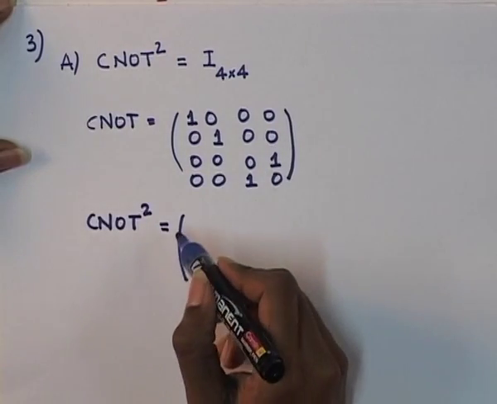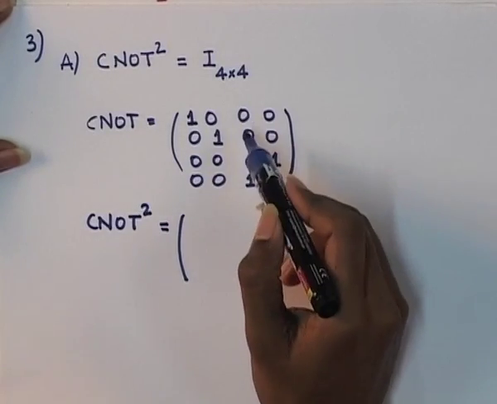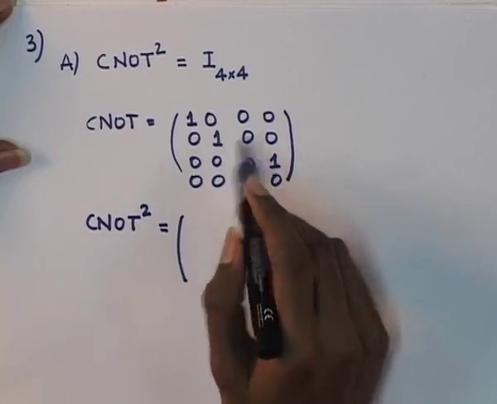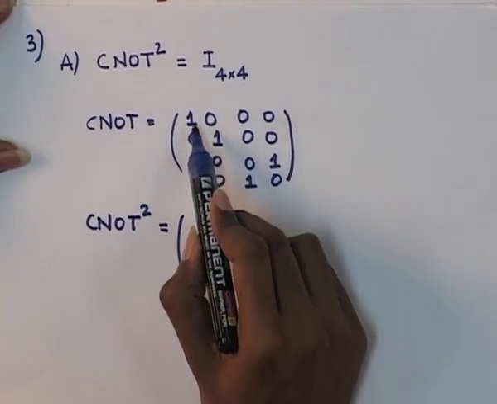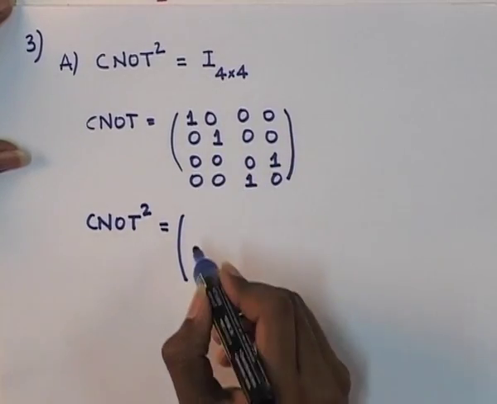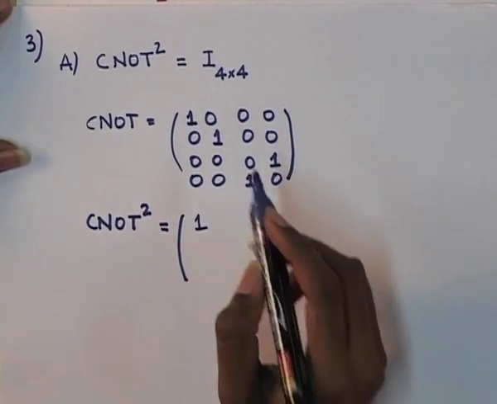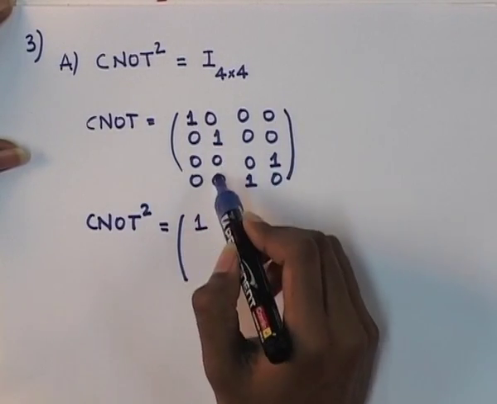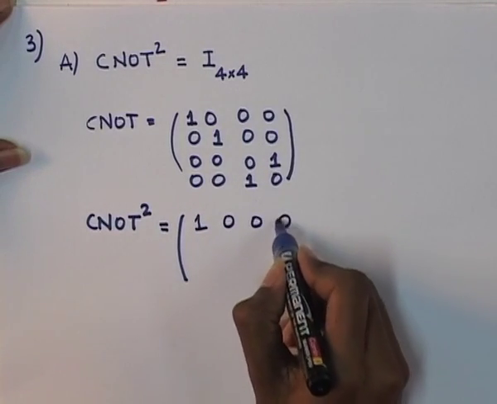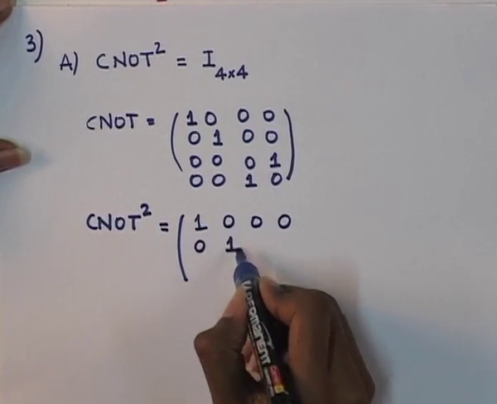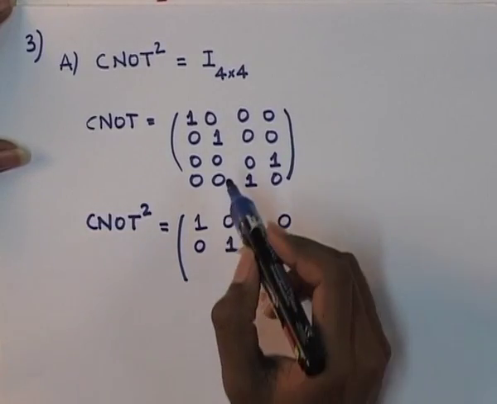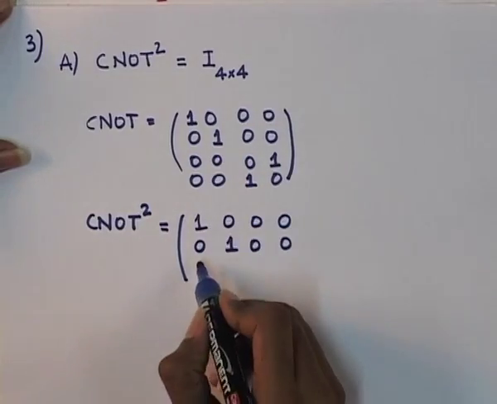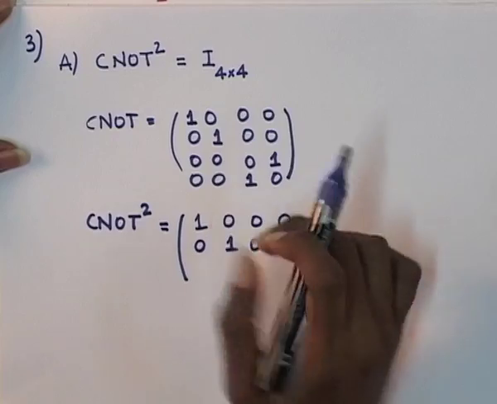C naught square is where we multiply this matrix with itself, and now when we multiply this matrix again with itself, we multiply the first row with the first column, where we obtain 1, and when we multiply first row with second column, we obtain 0. Similarly in the second case, and when we multiply the third row with the columns, we obtain 1 only when we multiply the third row with the third column.